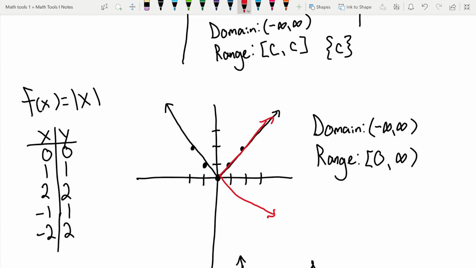So that's another way we can tell it's not invertible. When we reflect it, it doesn't pass the vertical line test, so it's not a function. It all goes back to the fact that the domain and the range are the opposite for the inverse function. The domain of f is the range of f inverse. The domain of f inverse is the range of f.